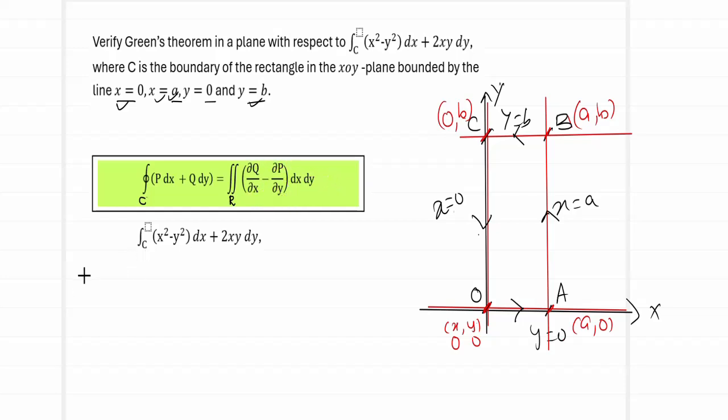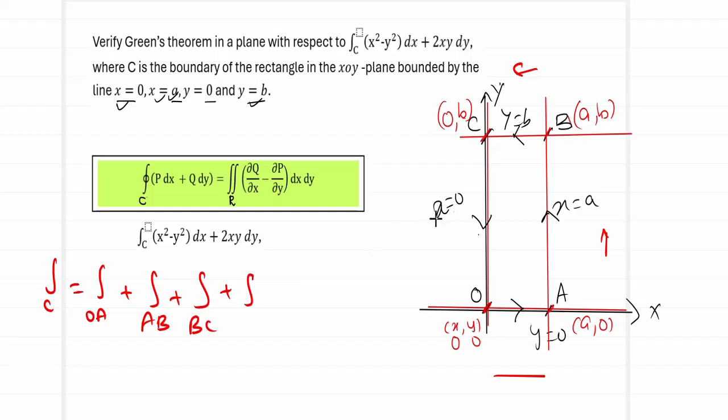Now the integral along my curve C, I am splitting into 4 parts: first along OA, next along AB, next along BC, and last along CO. When I add all the 4 integrals, that is equal to evaluating around the curve C.